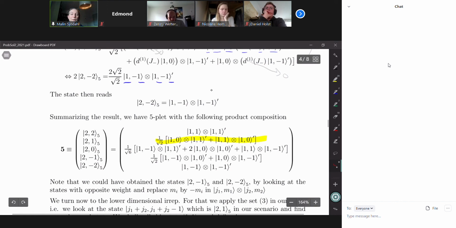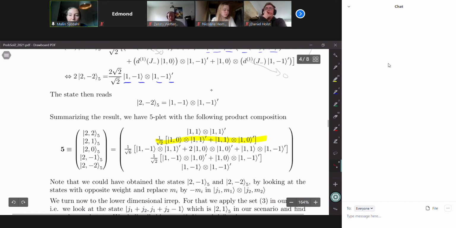Then if we had started from the -2 state, and we had stepped up with the plus operator instead of starting from the 1 -1 and stepped down with the minus operator, we should have had the corresponding state. So this state here can be obtained from this state here by symmetry.